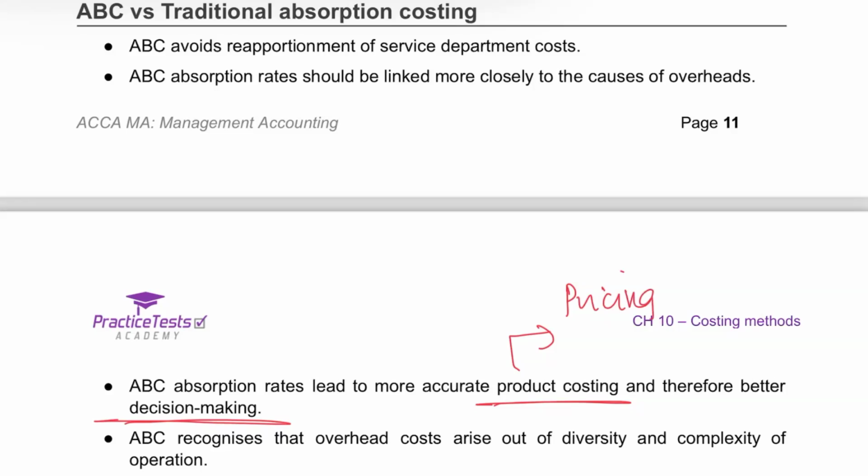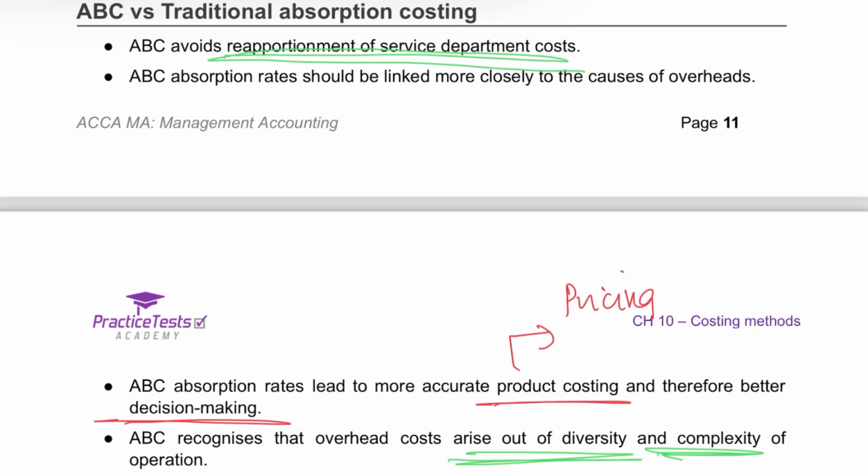At the same time, it recognizes that overhead costs arise differently from each other, they are complex, and therefore will require different cost drivers when determining overhead costs and not just one. At the same time, when we use activity-based costing, we do not have to reapportion service department cost. Why?